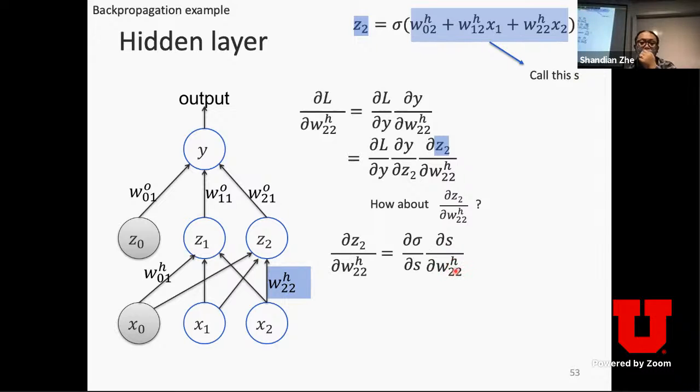Of course, partial S over partial W22H is straightforward, because it's just linear in S.